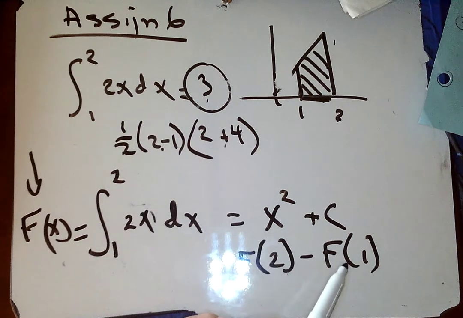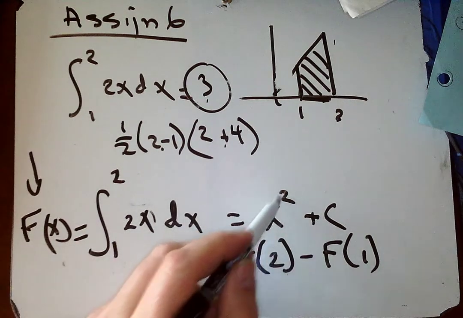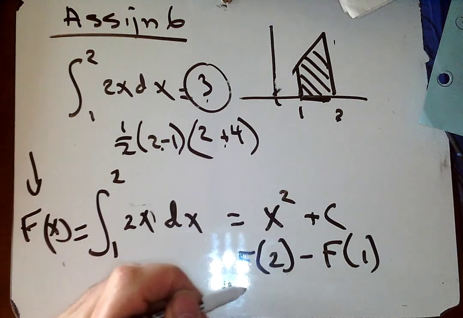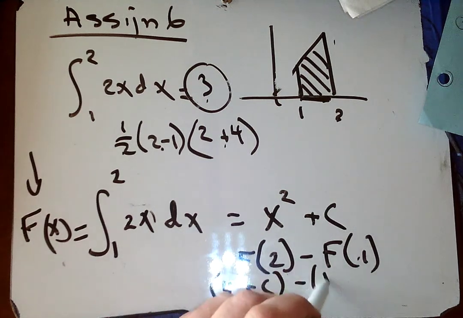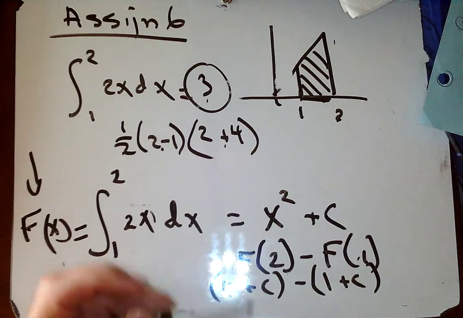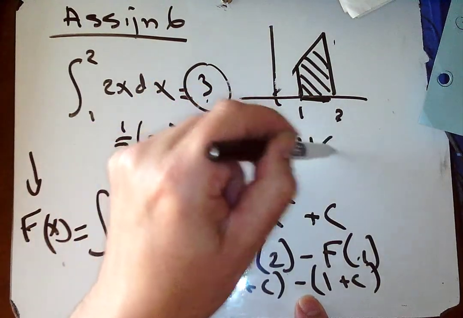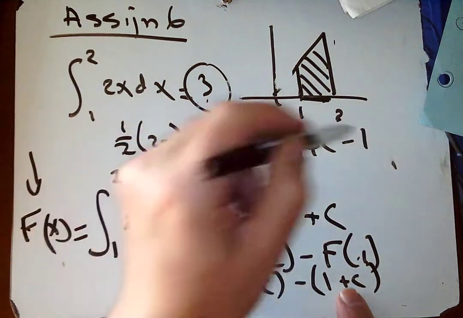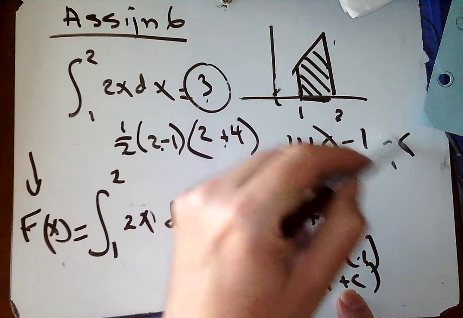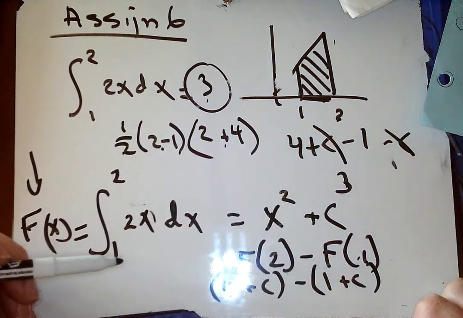Okay? So F of 2, I plug a 2 in here, I get 4 plus c minus, and I plug a 1 in here, 1 plus c. And notice what happens. We distribute that negative, and then we have minus c as well. And so the c's always cancel, and we're left with 4 minus 1, or 3.